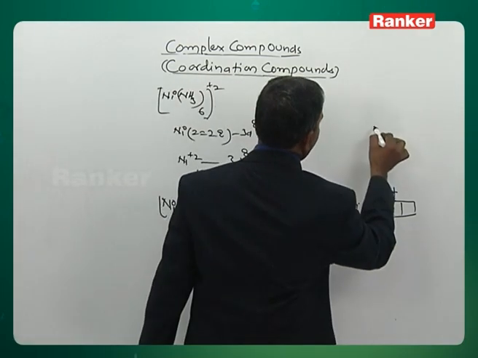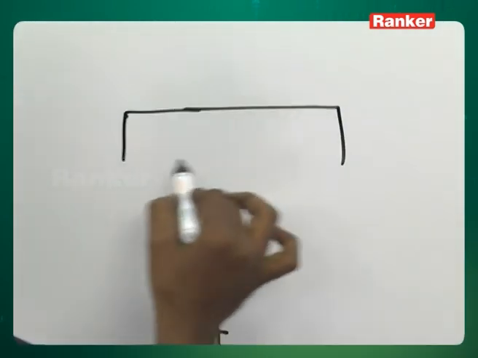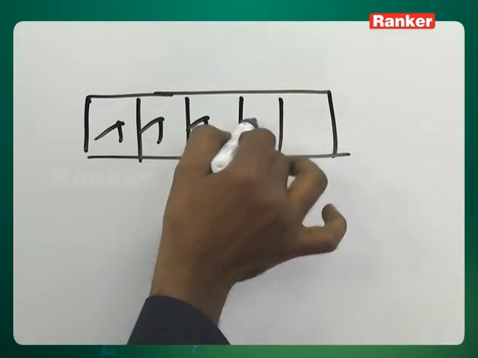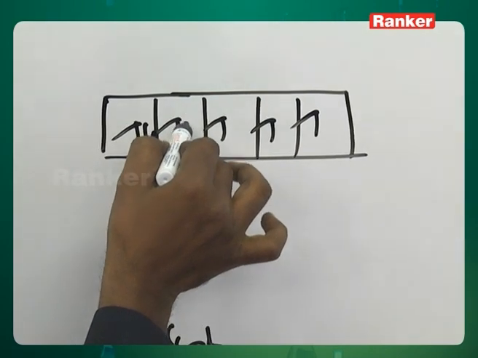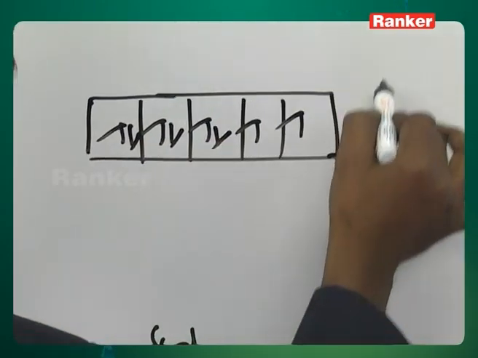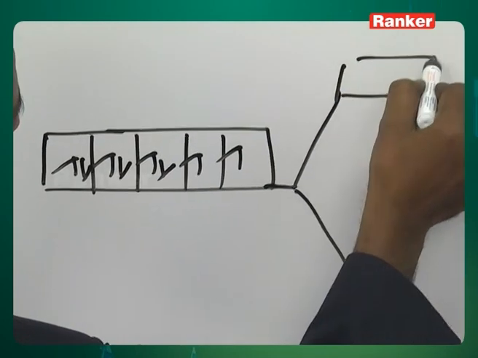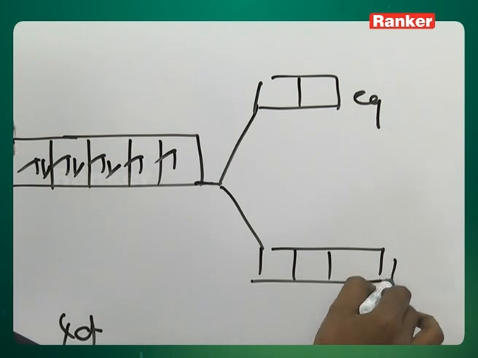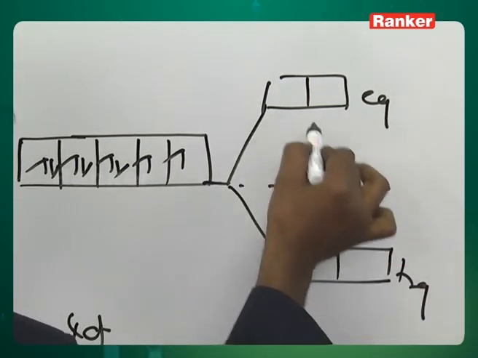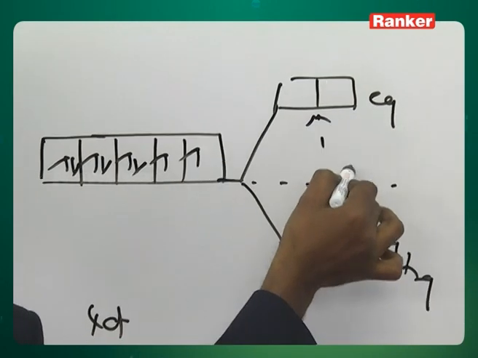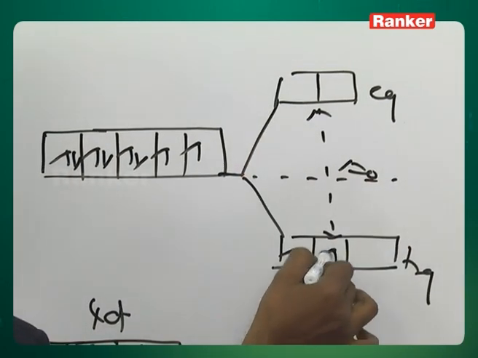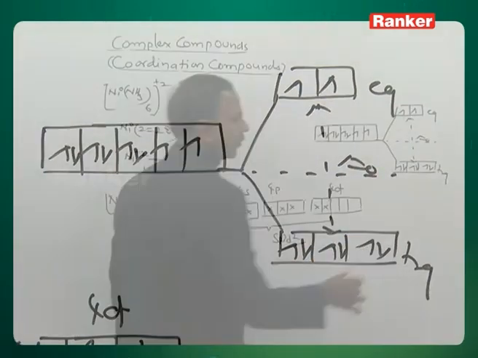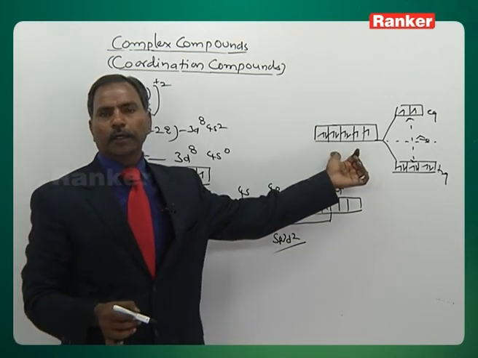Now, splitting of orbitals for this: eg, t2g, so 1, 2, 3, 4, 5, 6, 7, 8. This is the arrangement of electrons after splitting of d orbitals.